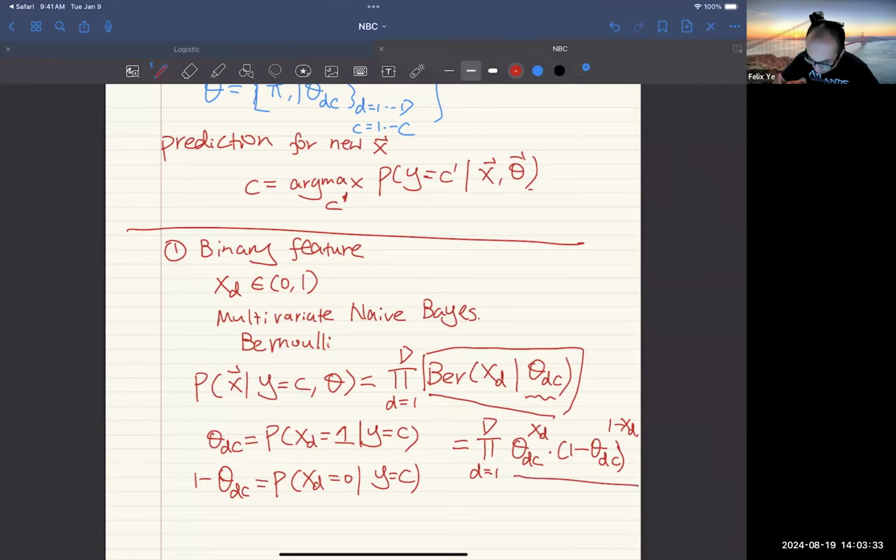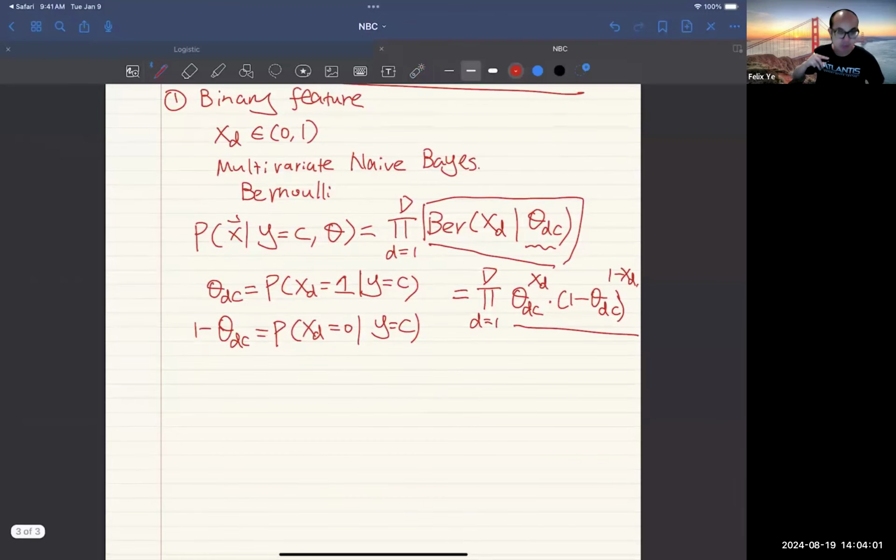This tells you that if xd is equal to 1, this will only give you theta dc because everything else is just 1. If xd is equal to 0, then this term is gone, and we are left with 1 minus theta dc. All right, so this is the binary case, the multivariate Bernoulli naive Bayes, in which each feature can only be 0 or 1.